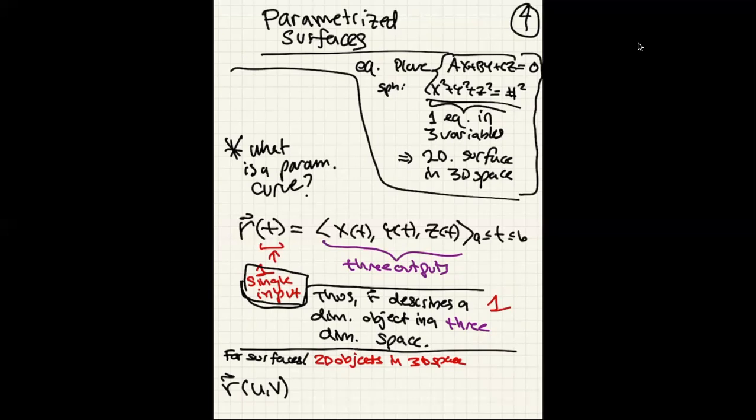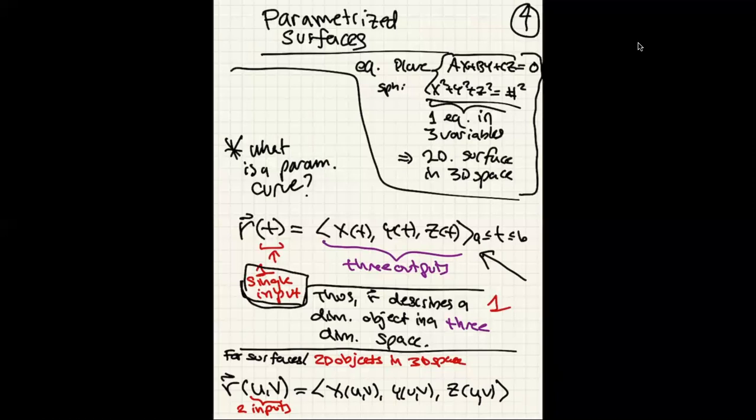So this is 2 inputs, and this should be an x of uv, a y of uv, and a z of uv. And this is going to somehow trace out surfaces in 3D space, much like this was tracing out a single curve in 3D space.